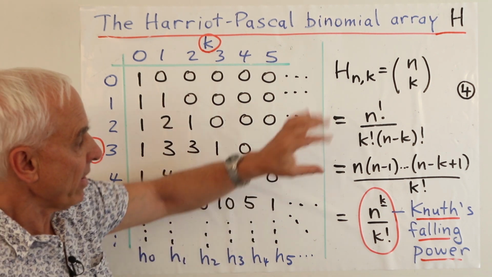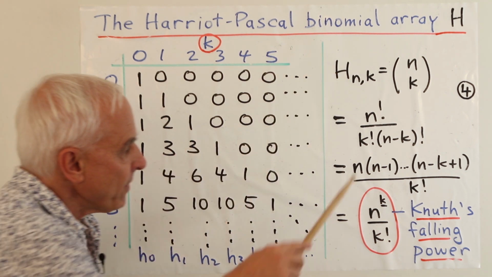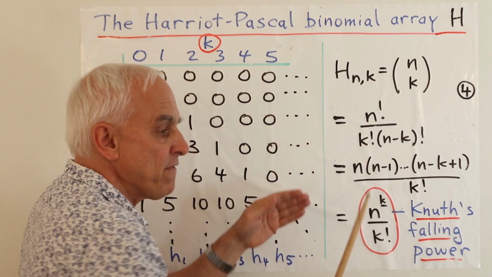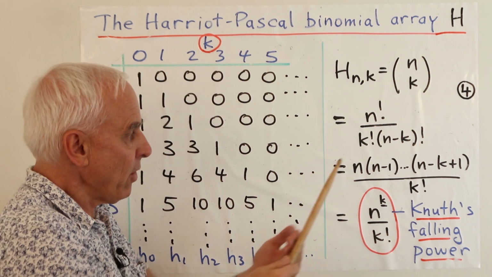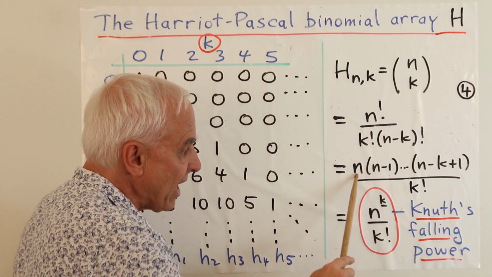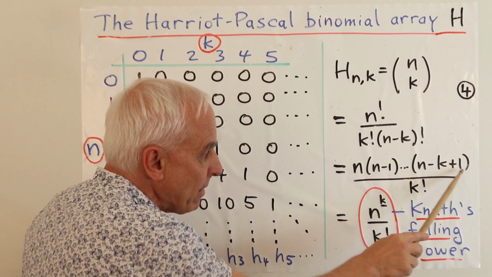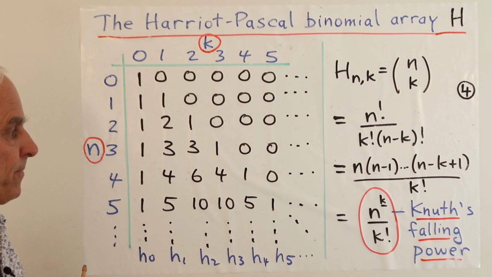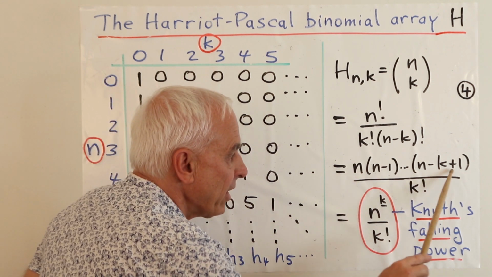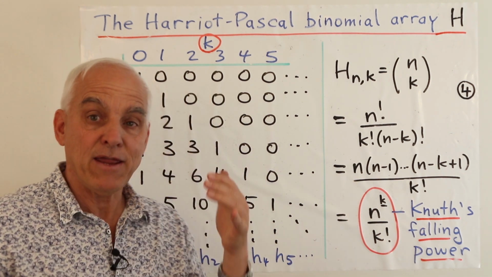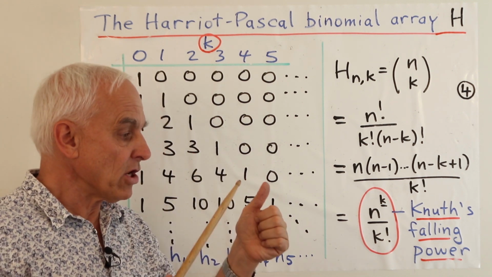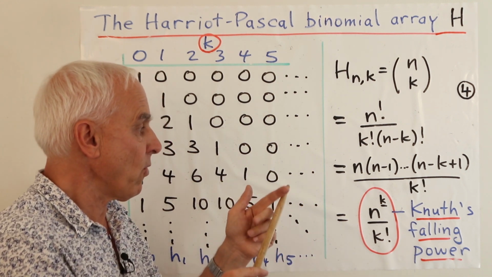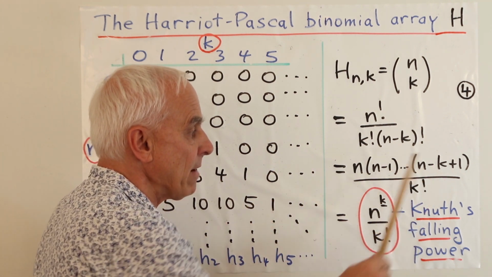And it's important to recognize that we could rewrite this by essentially canceling this n minus k factorial with the part of n factorial up to n minus k. When we do that, what's left on the numerator is n times n minus 1 down to n minus k plus 1. And we still have the k factorial in the denominator. And now this product up here is a product of k things, starting with n, but going down, falling each time by 1. n times n minus 1 times n minus 2 down to n minus k plus 1.